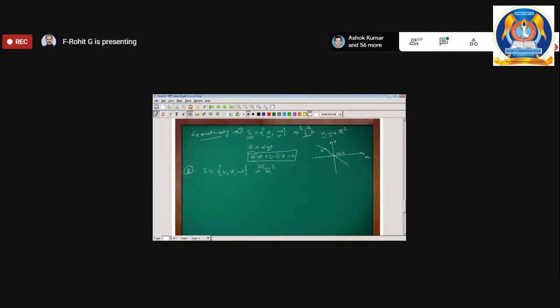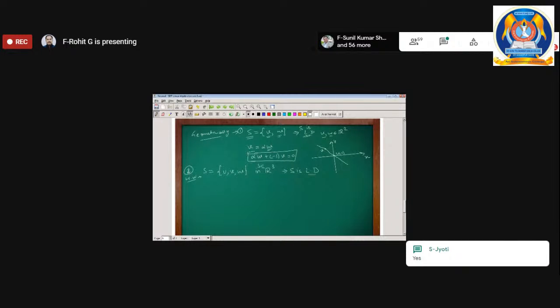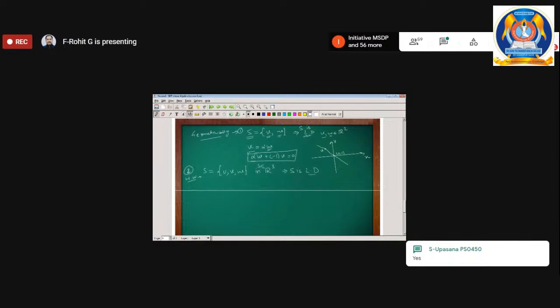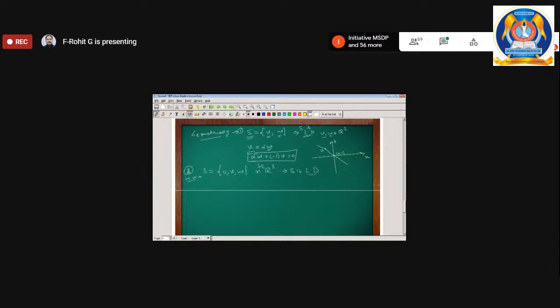This is your homework: think about what we can say about the relationship between U, V, and W when S is linearly dependent, and see it geometrically also. Give its geometrical explanation. What will the linearly dependent set form?